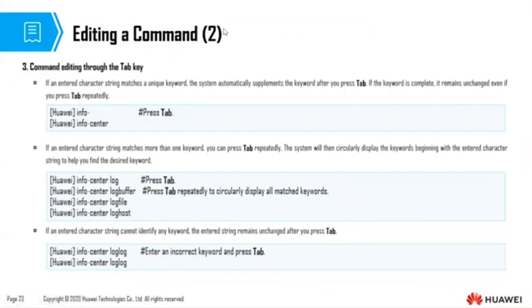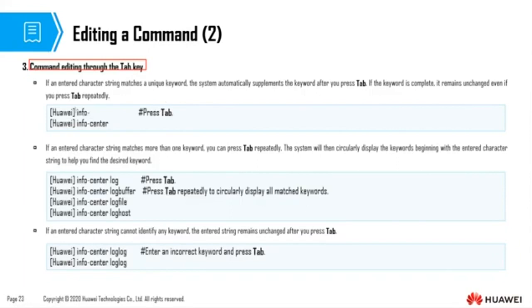Now, the other very important feature for the command line interface that you're supposed to know and use regularly is how to use the tab key to autocomplete your commands.